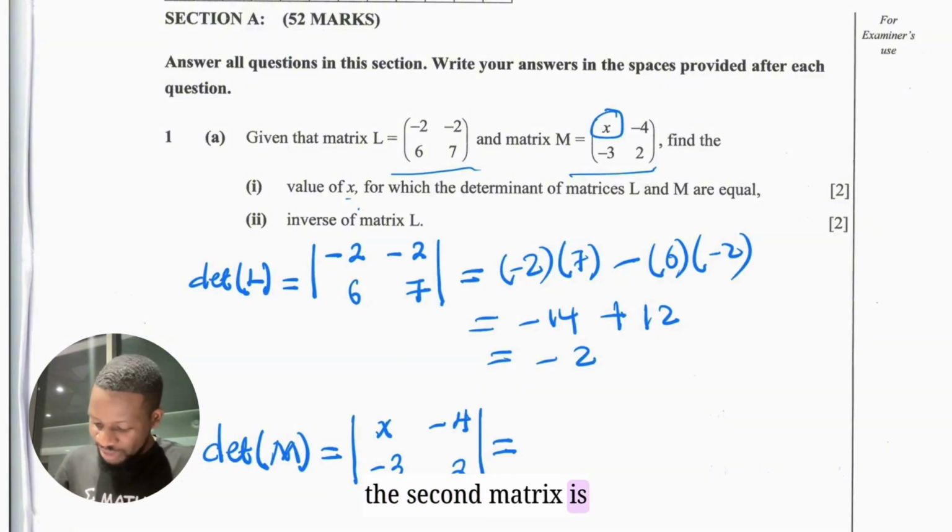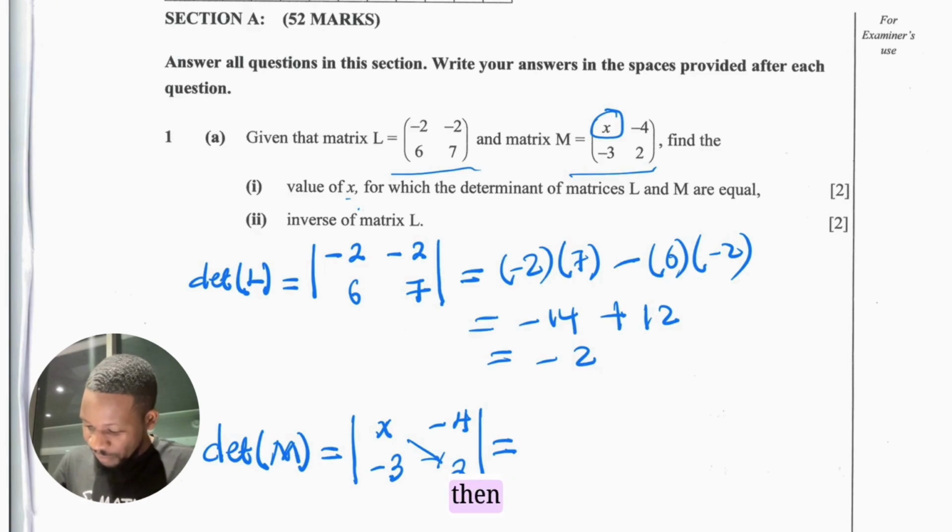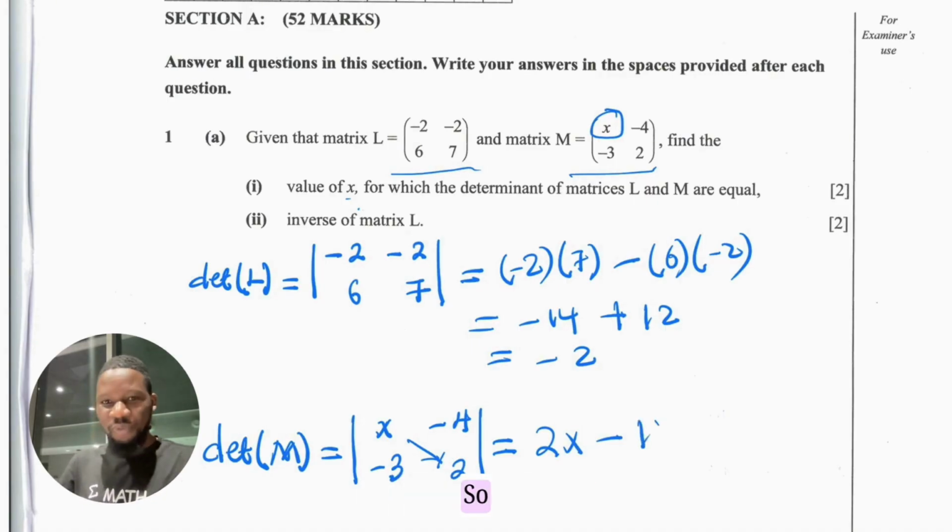Now, for the second matrix, the major diagonal product is x multiplied by 2, that is 2x, then minus negative 3 multiplied by negative 4, which is 12. So the second matrix has 2x minus 12 as the determinant.